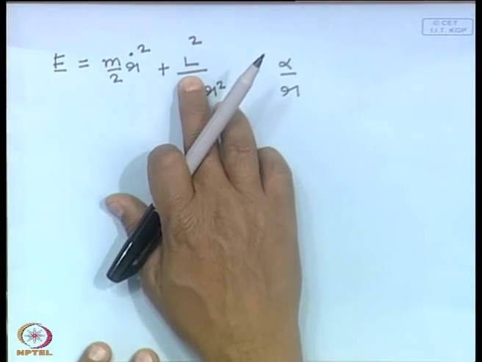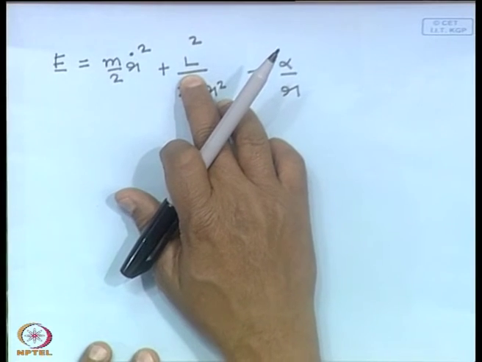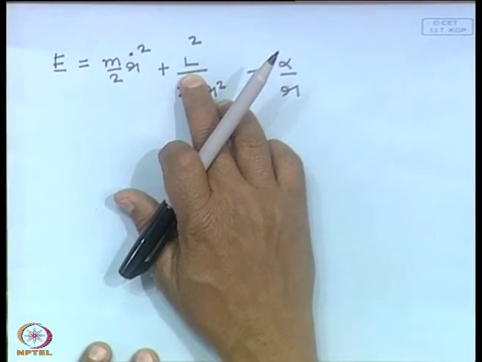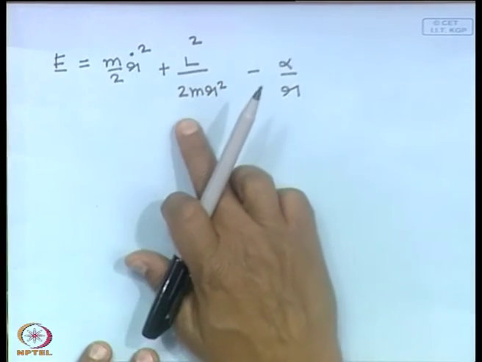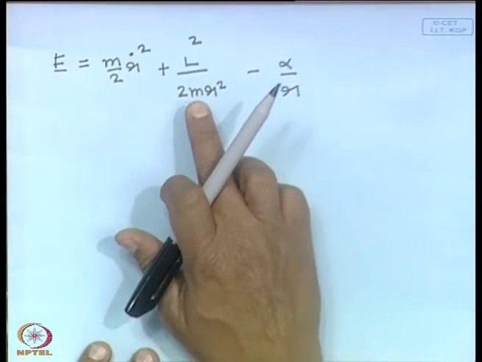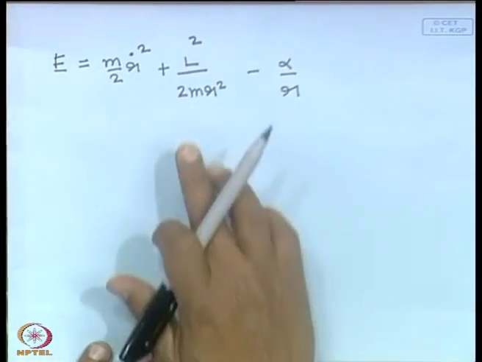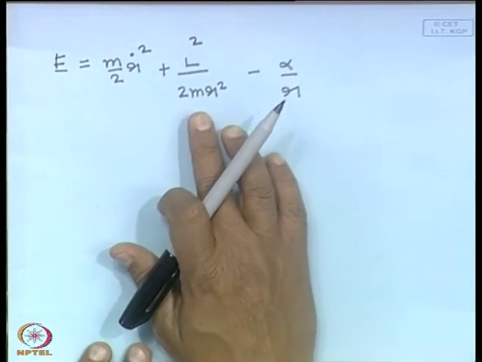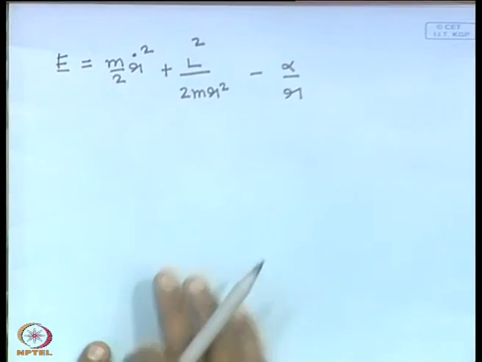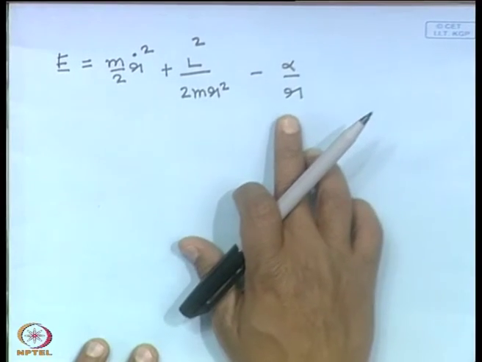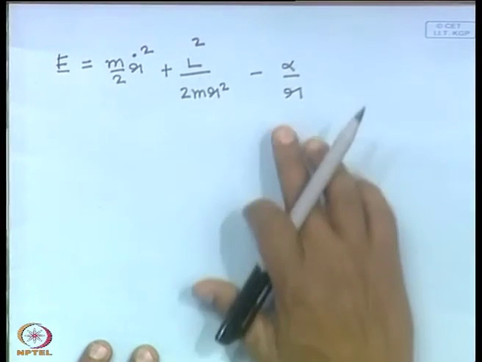So, I have replaced it with capital L. Capital L is the angular momentum. This gives rise to the centrifugal force, this potential, and minus alpha by r is the gravitational interaction.